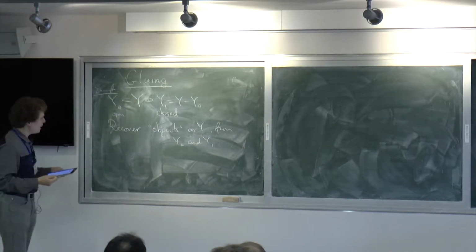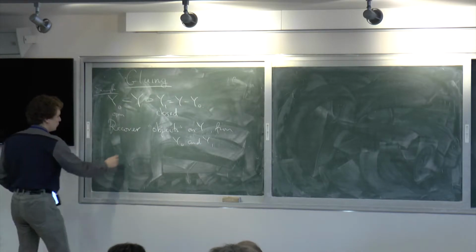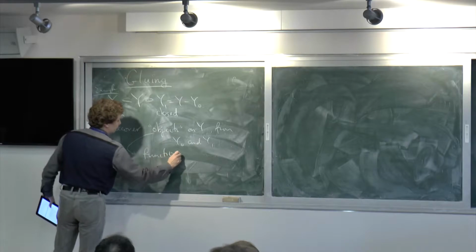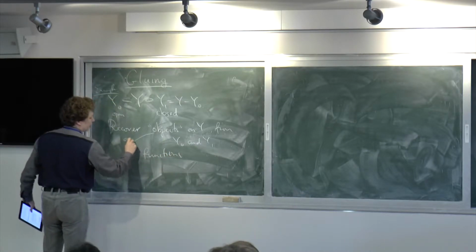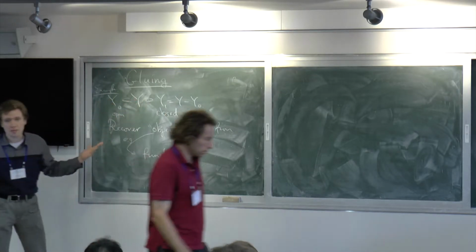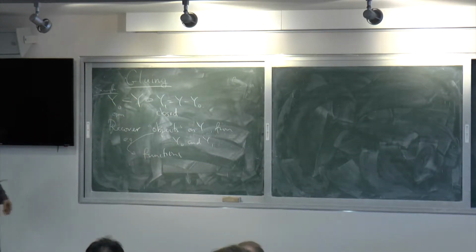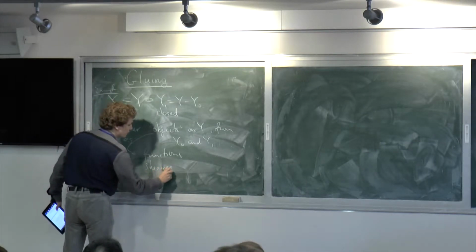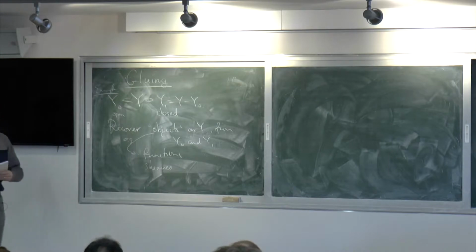So, for example, if we are just talking about functions, this would be quite easy. I mean, a function on Y is determined by its restriction to this set and its complement. But already, if we look at things like sheaves, then this becomes trickier.